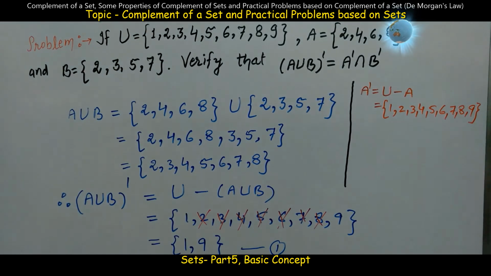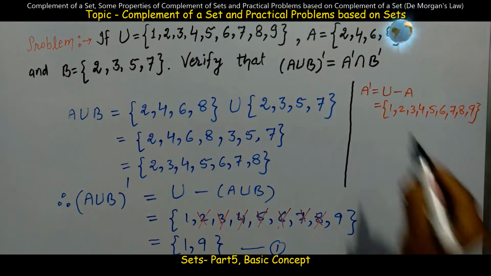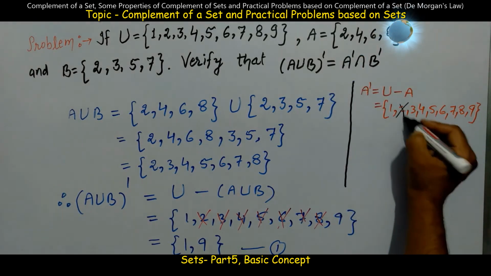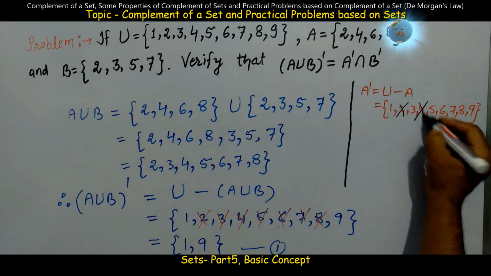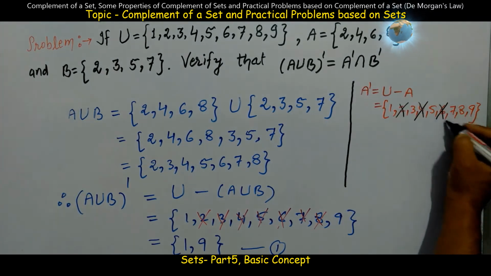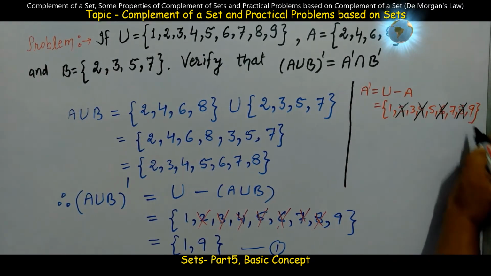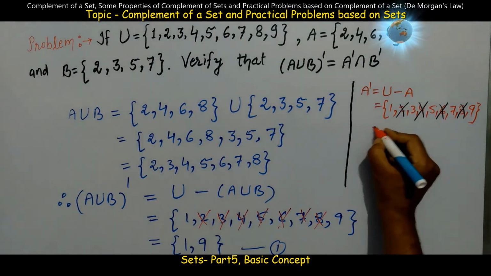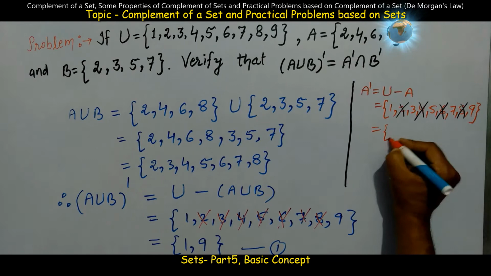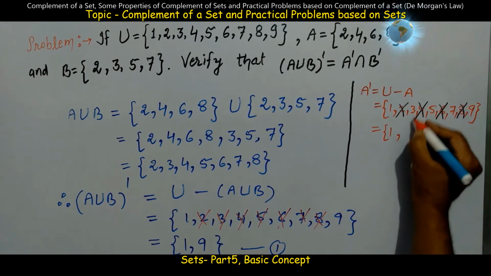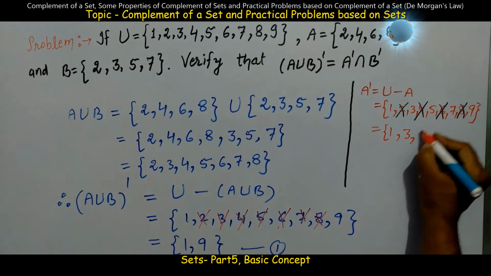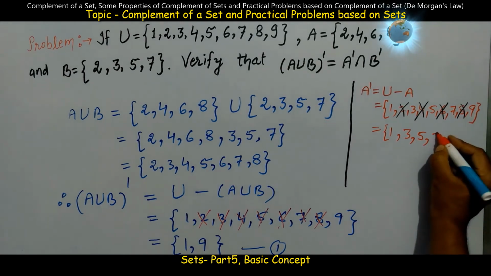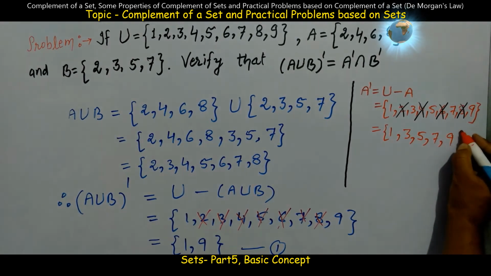But those elements which are in A, we are not going to write them. That is 2, then 4, then 6, then 8. So what are the elements we are left with? A complement is equal to 1, comma 3, comma 5, then 7, then 9.